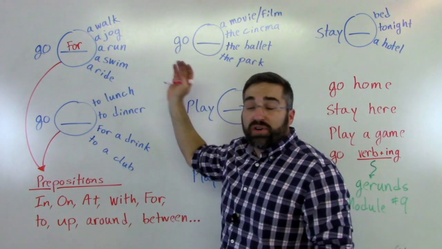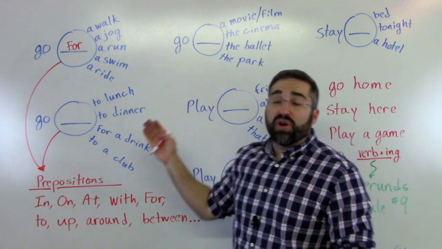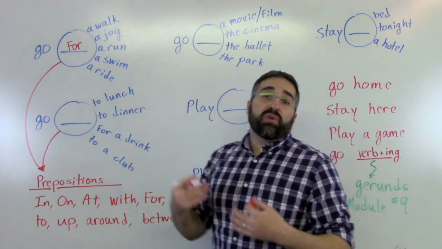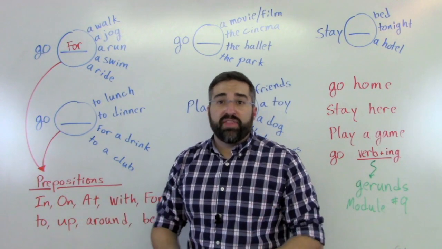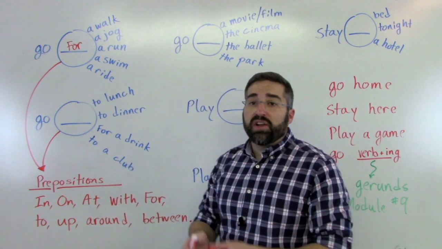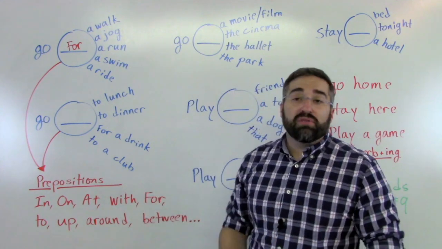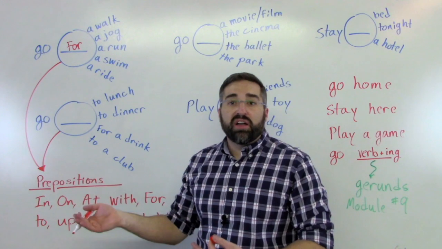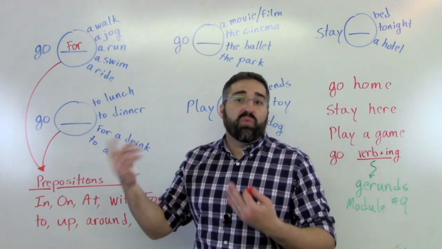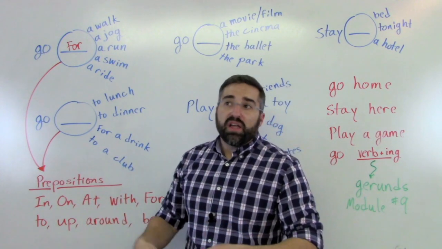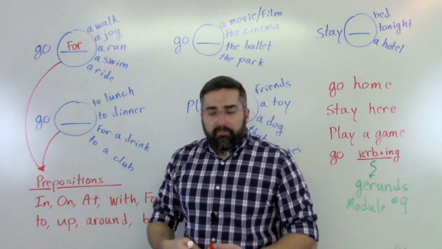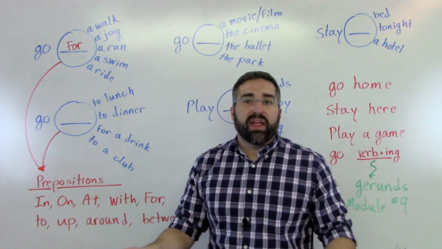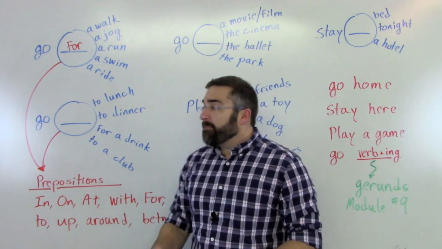Go for a walk, go for a jog, go for a run, go for a swim, and go for a ride. Don't ask me why we have for in there when we could just say go running, go swimming, go riding. But instead we prefer to say go for a. It means just go for one run, go for one walk. It means kind of more quickly rather than go swimming, which sounds more like a hobby.